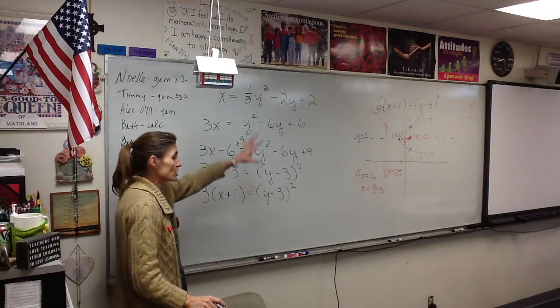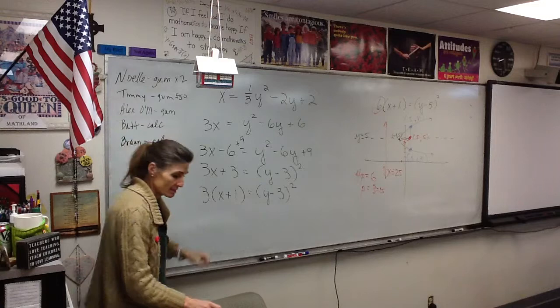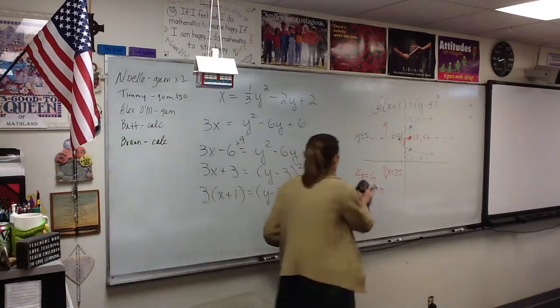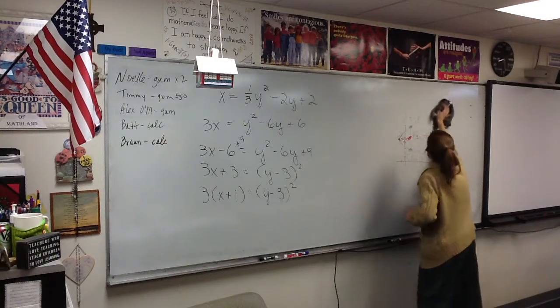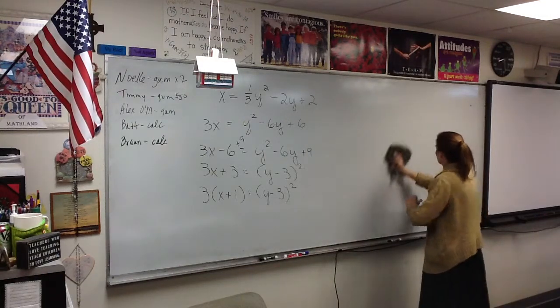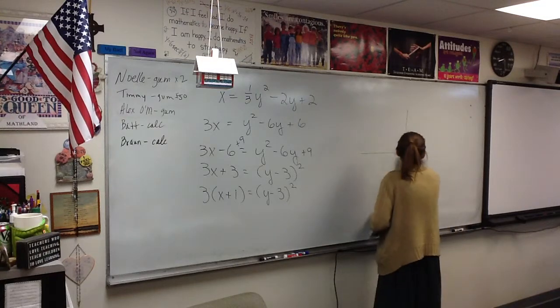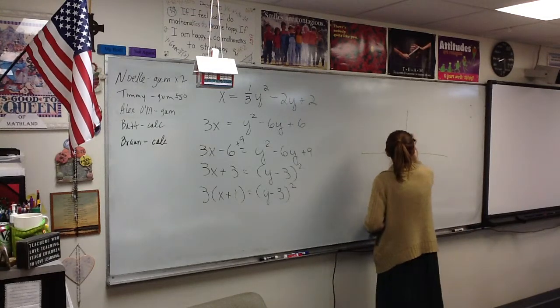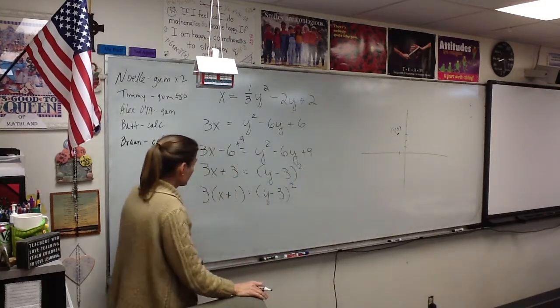Now does our equation kind of fit the mold that's made all the rest of that stuff easy? Yes, so now we're ready to go. Where is my vertex? Negative 1, 3. Which way do I open? Right.